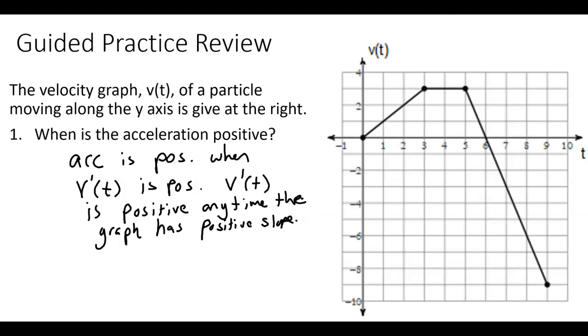All right, so anywhere where this graph over here would have a positive slope, that would be a place where the derivative of v is positive, which would mean the acceleration of the object is positive. So right there on the interval from 0 to 3 would be our final answer for that one.